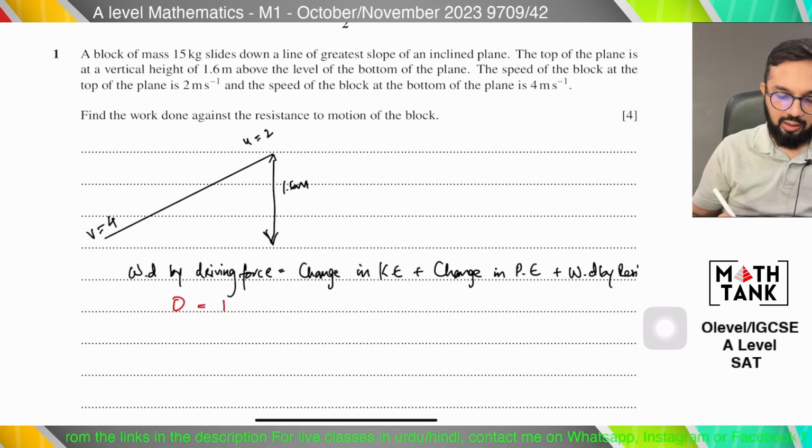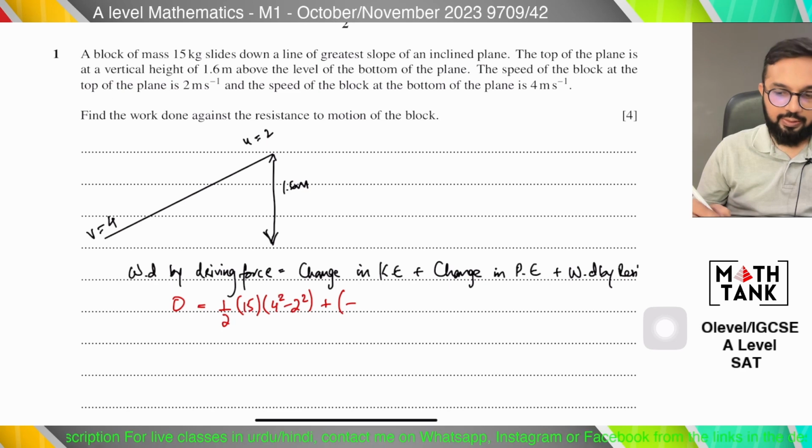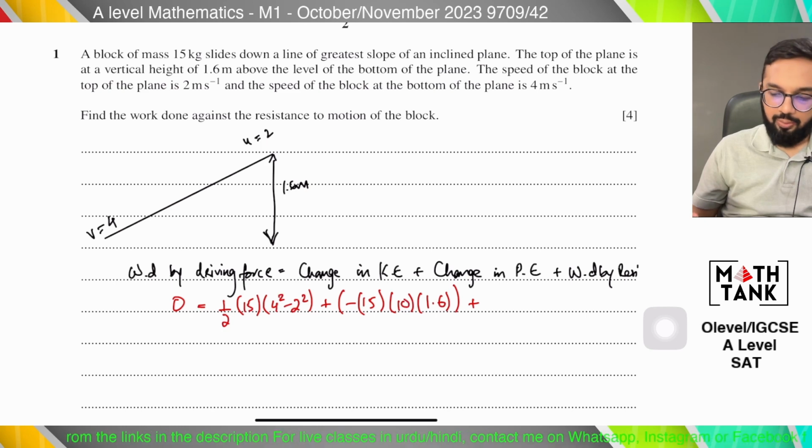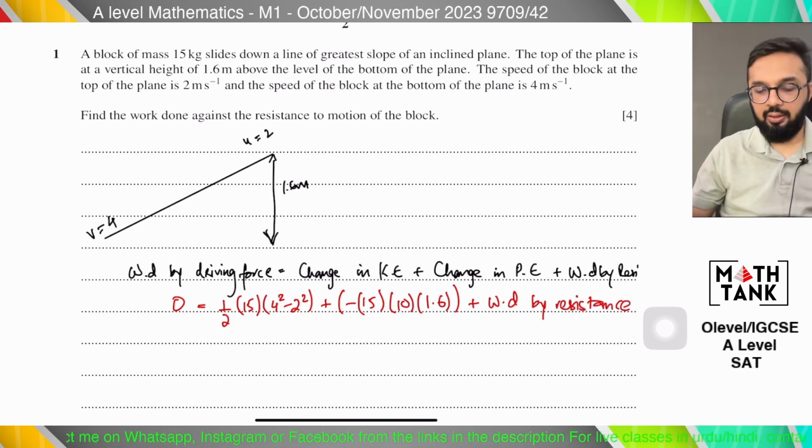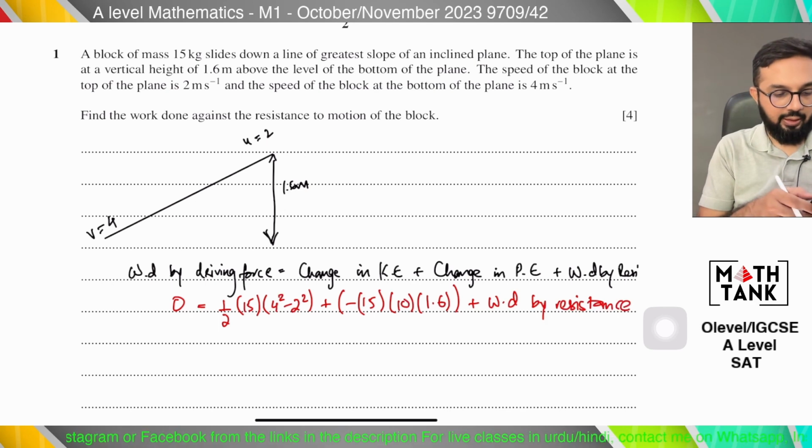Then change in KE is half m (v squared minus u squared) plus change in PE. The change in PE is negative because the block is sliding down the plane, so m g h. Work done by resistance is then unknown. Let's calculate.